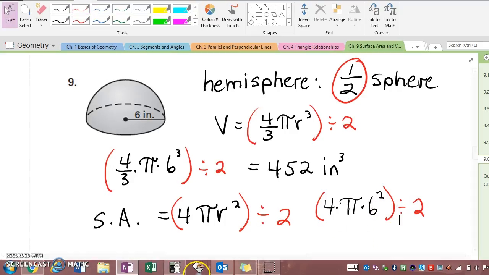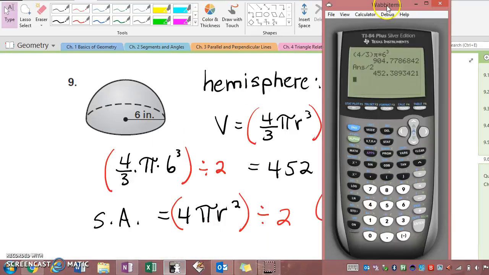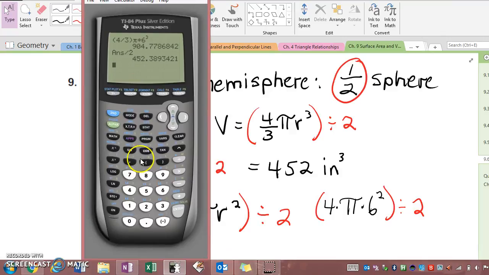Okay, so let's pull up the calculator. Okay, 4 times pi times 6 squared. We'll get our answer. And then we will divide by 2 because it's a hemisphere.